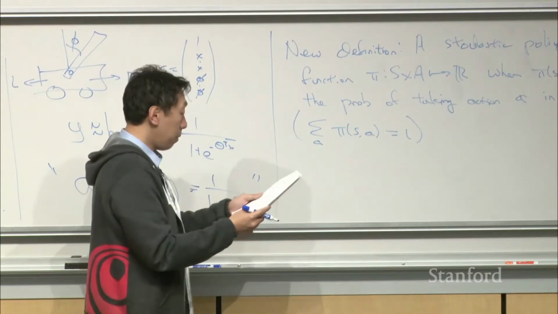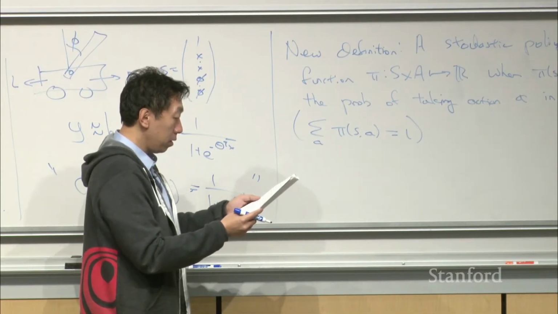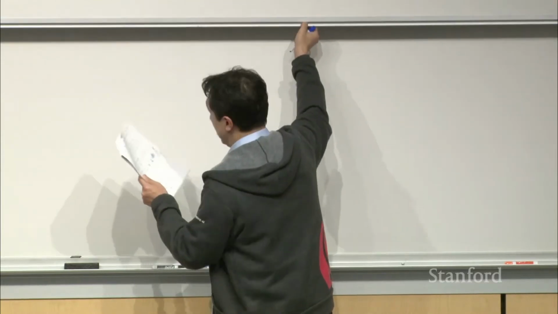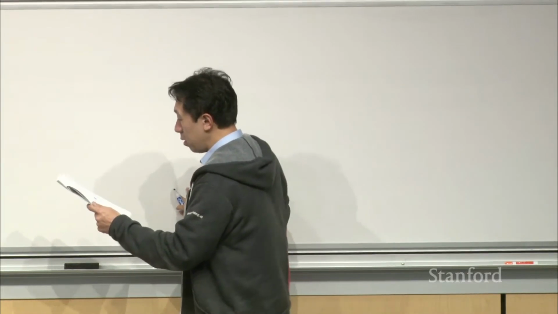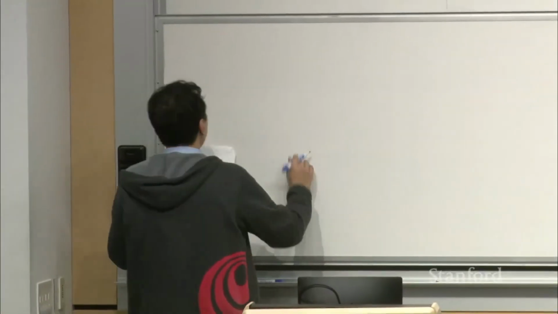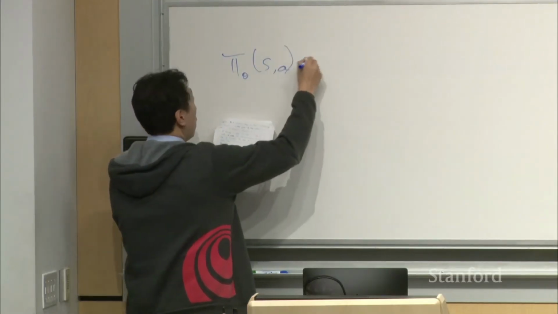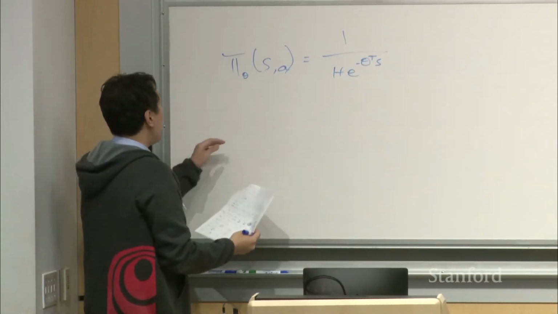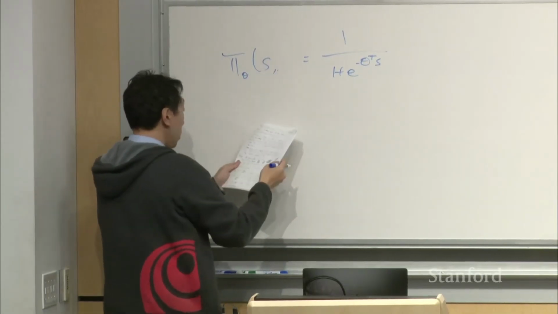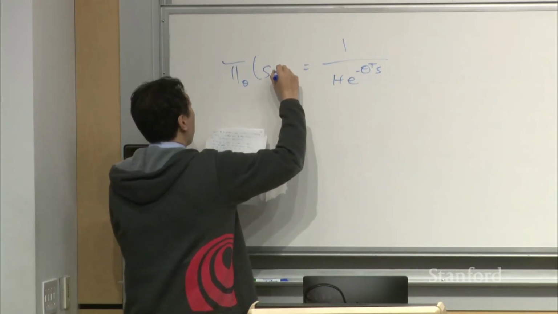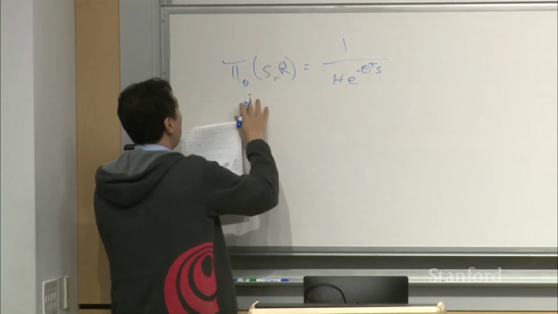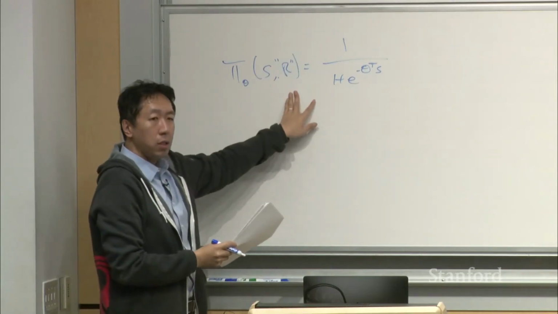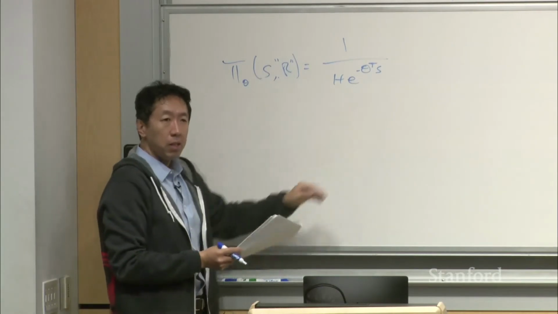And so here's one example. So, continuing with the inverted pendulum, here's one policy that might be reasonable, where in a state S, the chance that you take the accelerate right action is given by this sigmoid function.